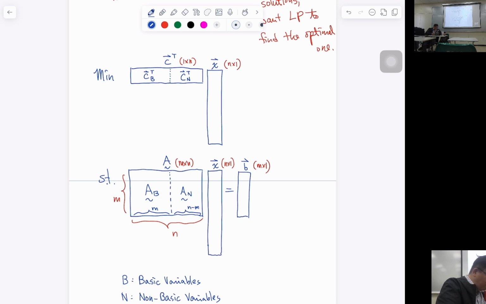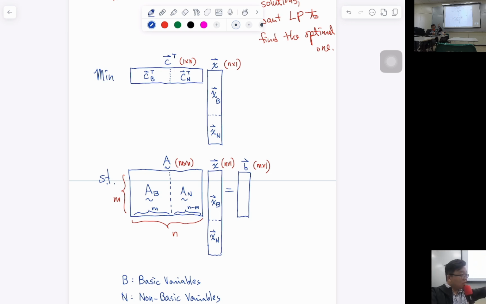We even do the same for the x, so right here is going to be xB and xN. But we don't do anything to the small b.